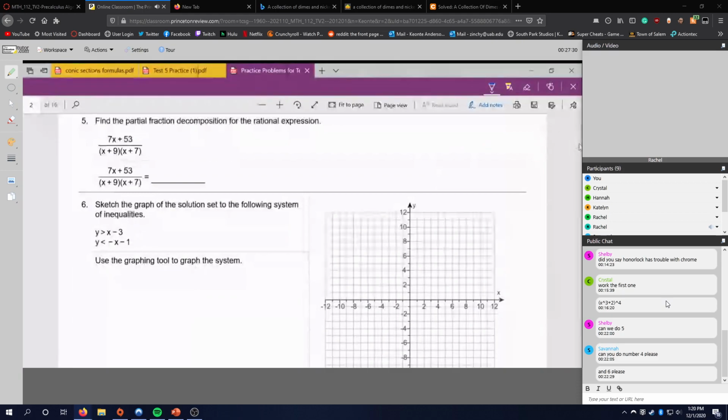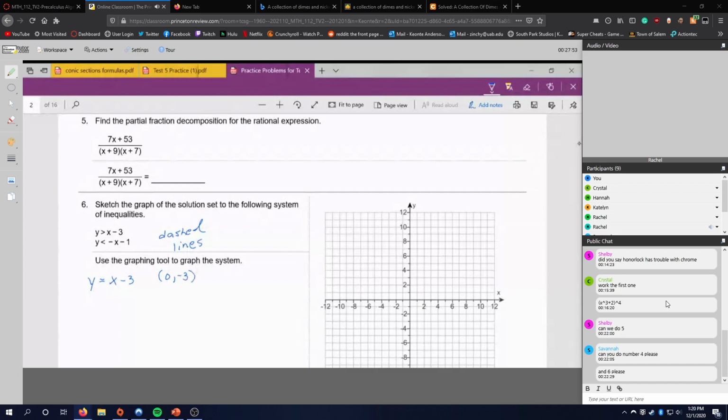So if I want to sketch these, what I'm going to do first is sketch them as equations, but I'm going to use dashed lines because both of them are inequalities with no equal sign, but I'm going to figure out what to graph by the equations. So I'm just using the y-intercept.